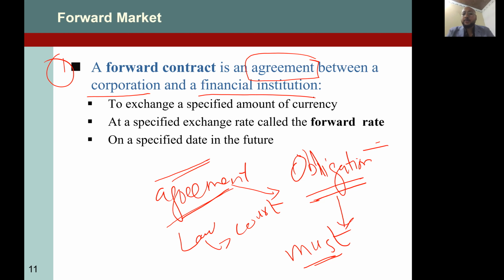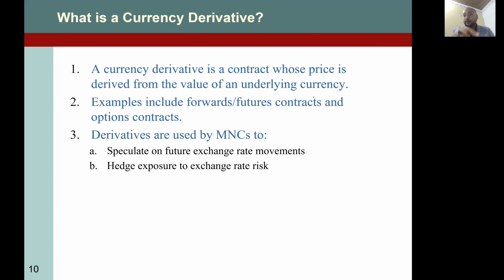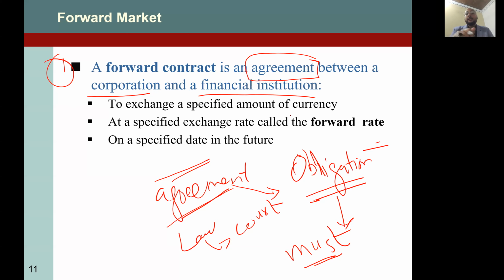You can ask me, sir, can a forward contract also be between two individuals? Yes, right? Because we are learning this derivative with respect to MNCs, multinational corporations, from the perspective of bigger companies, so the parties here are the MNC and banks, financial institutions that offer these derivative services as well.